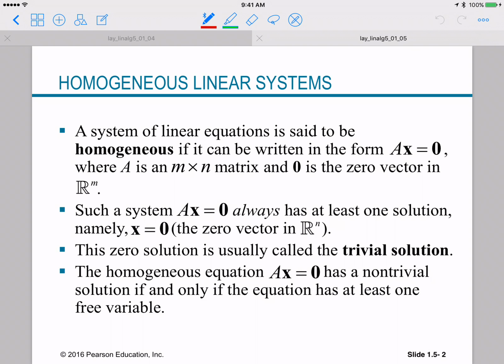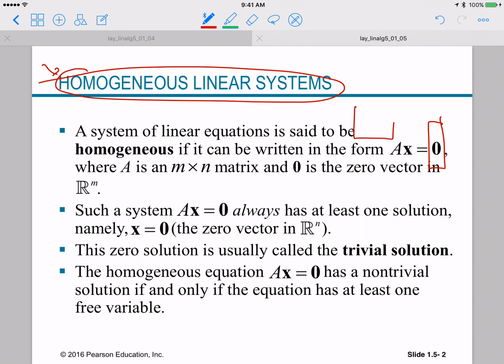Okay, so the first concept that we learn is this homogeneous linear system. Homogeneous linear system is a quite simple concept where we always have the zero vector as our vector B. So we have some matrix A, and then our variable or unknown as x, and then we should have some vector B, right?